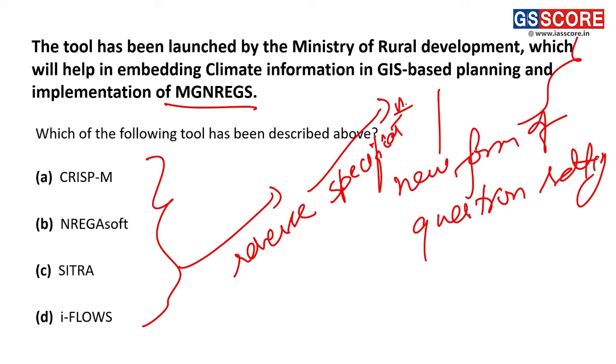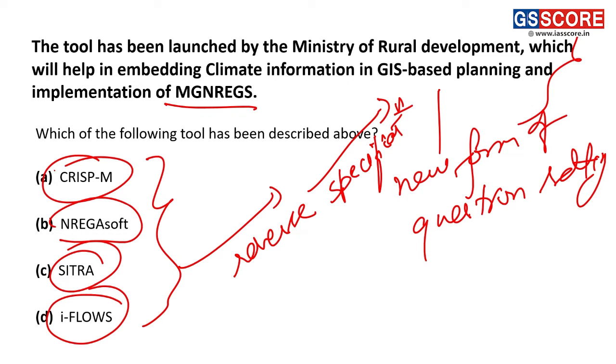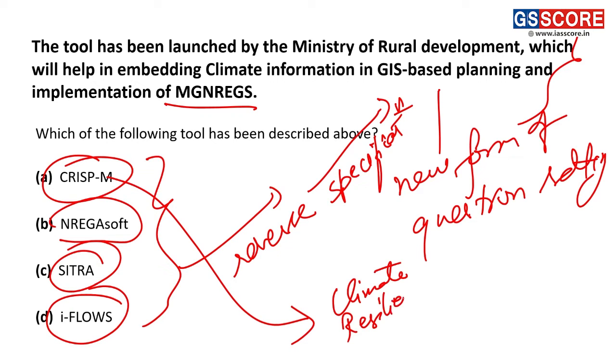So we should know about the various tools: NREGA Soft, Citra, iFlows, CRISP-M. So if we look at the very first, CRISP-M, it stands for Climate Resilience Information System and Planning.